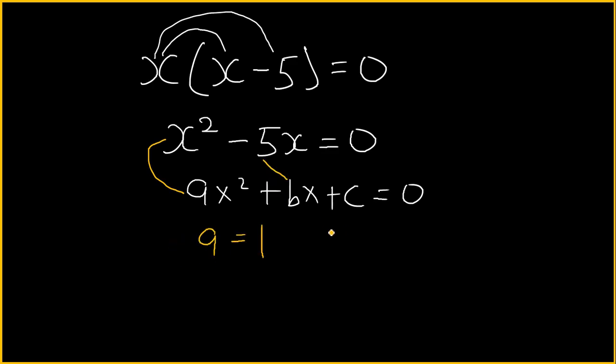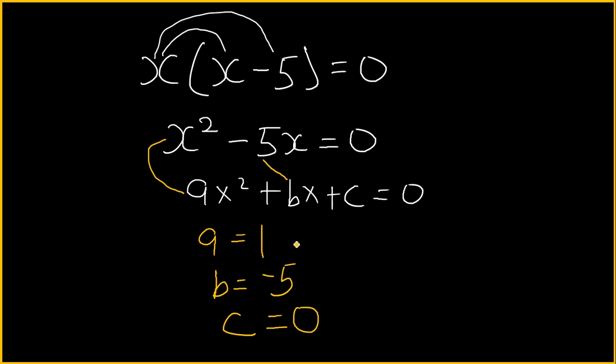Our b is the number negative 5. And then c, here there is no number, so c is nothing, which is 0. So the equation x squared minus 5x equals 0 is also a quadratic equation since it obeys the general equation.